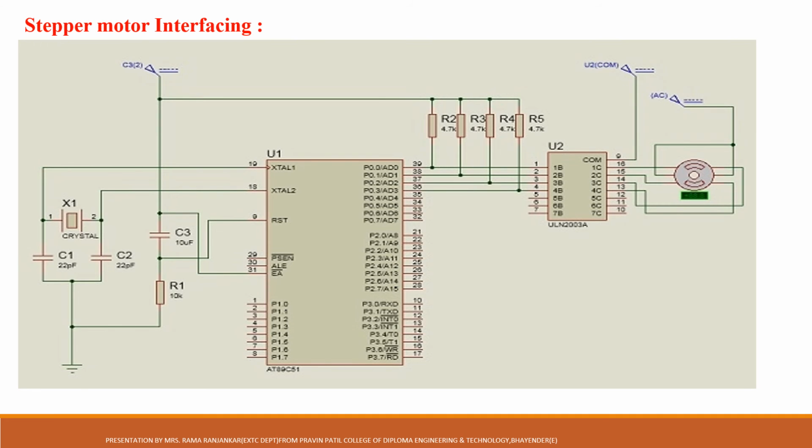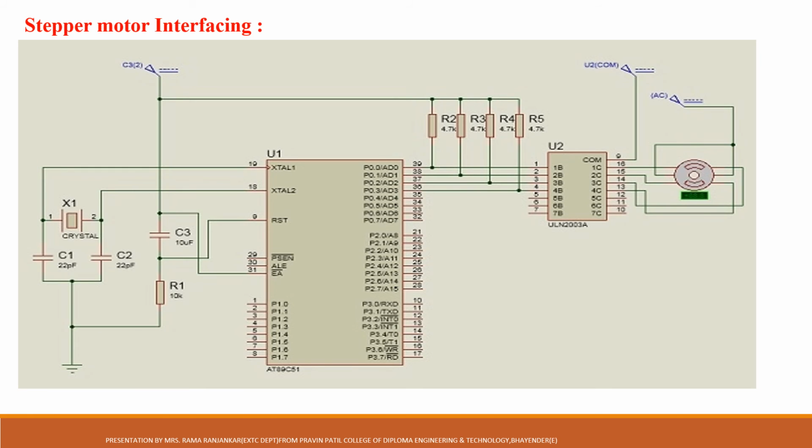Now let's see stepper motor interfacing. In stepper motor interfacing, the stepper motor is interfaced to the 8051 microcontroller. So again the stepper motor is interfaced to port 0 here. Okay, so this is a driver IC.